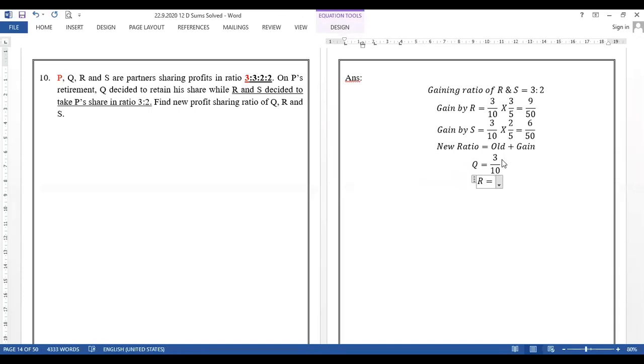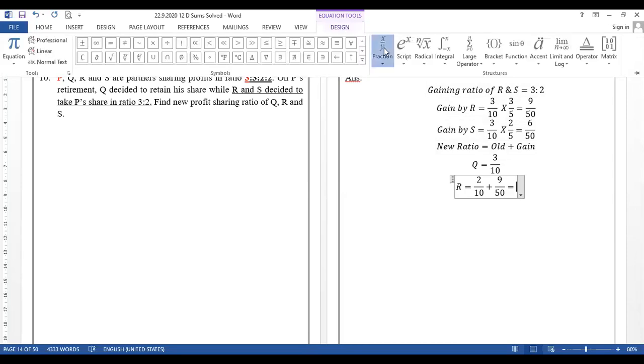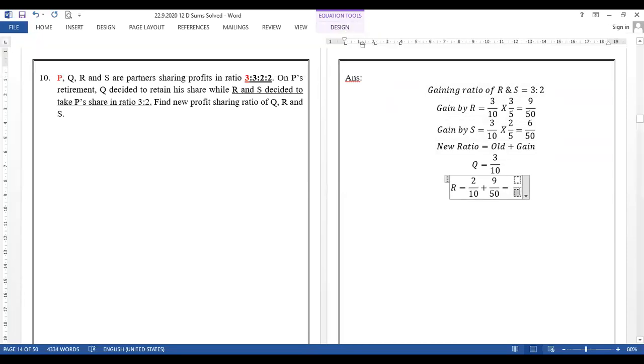R is equal to, old share can be seen as 2/10, and the gain by R can be seen as 9/50. So LCM over here will be 50, right? So 5 2s are 10 plus 9. 10 plus 9 is 19/50.